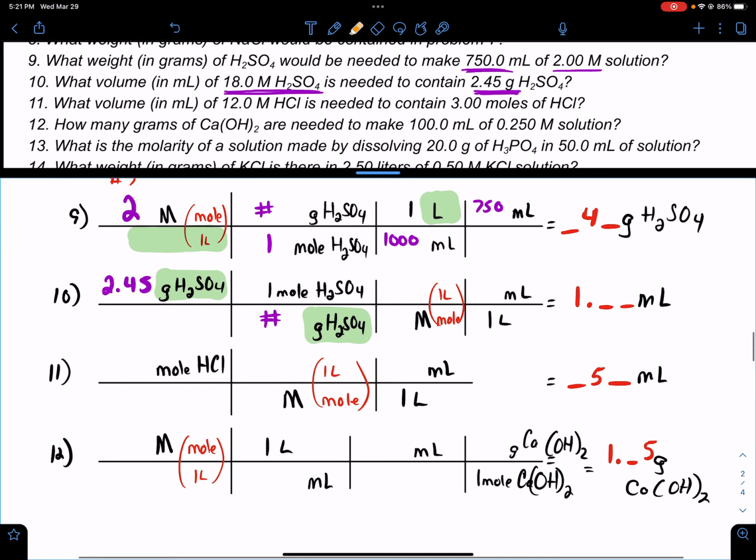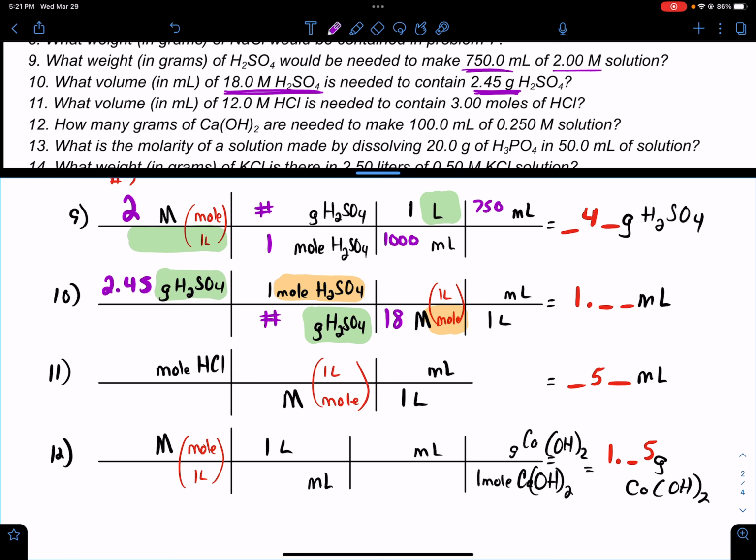Because right here you've got your number of moles, so to cross-cancel it, mole has to go down here on the bottom. If we put mole over liter, you can't cross-cancel it out because the liter would be on the bottom. That's why we have to take that reciprocal value. We have to flip-flop the numerator and denominator, and that means we're going to put 18 right here.